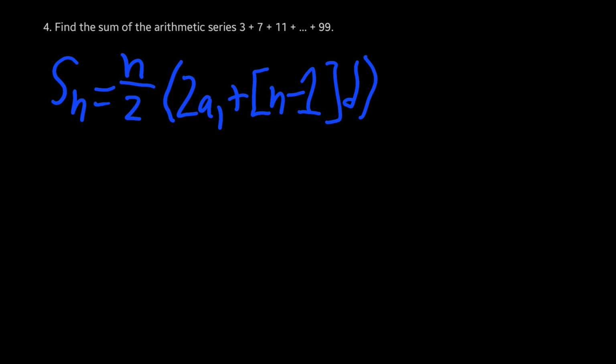So how I would approach this is I would first find the common difference. So we take here 7 minus 3 equals 4. So this would be our common difference.